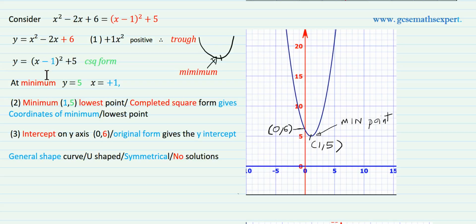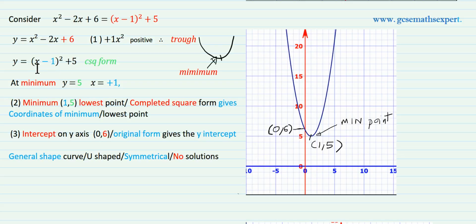And we can find the coordinates of the minimum by inspecting the curve when it's written in the completed square form like this. At the minimum, the whole of this part of the quadratic will be 0, we'll be just left with plus 5. But when does that happen?